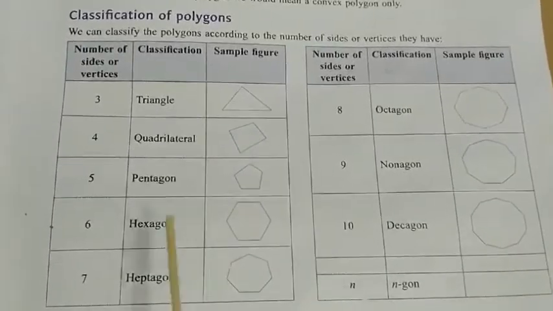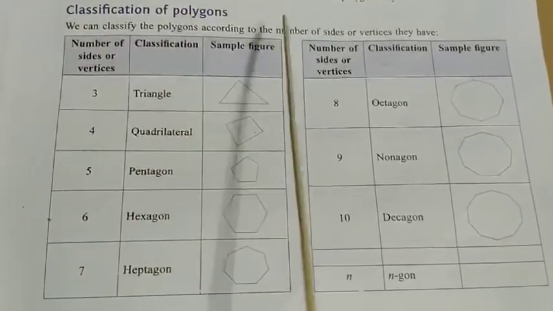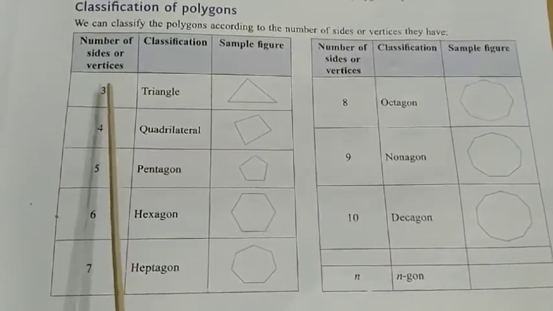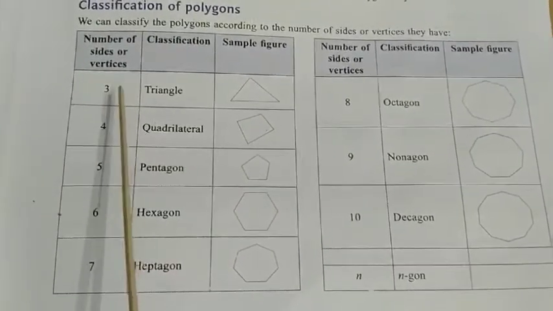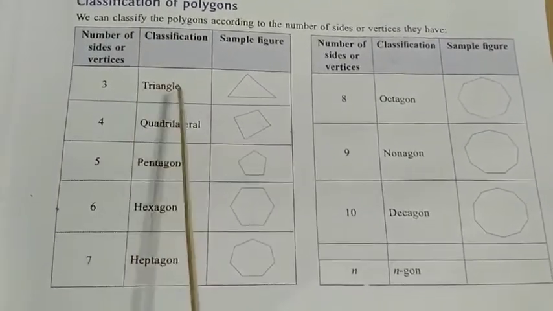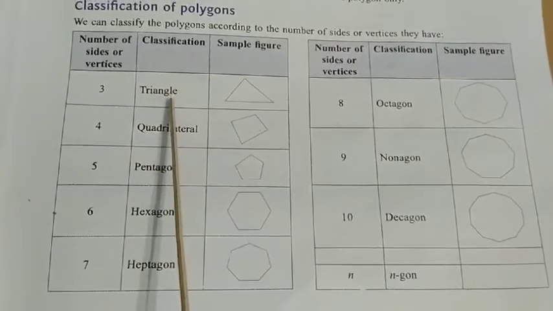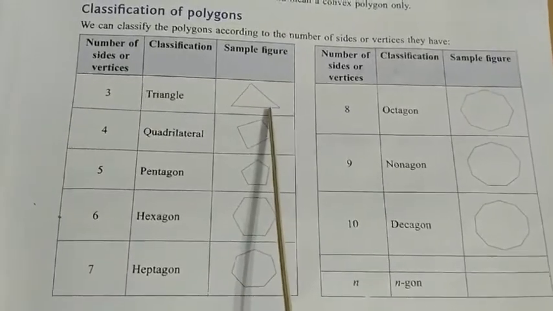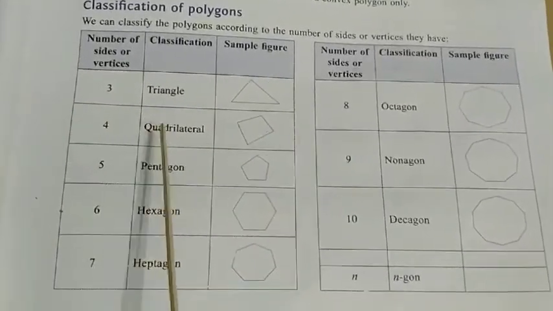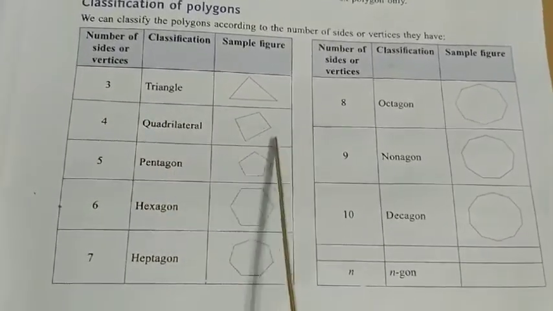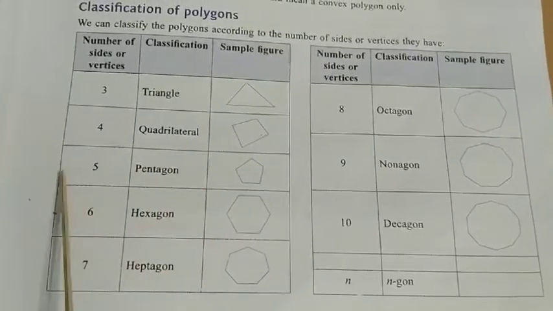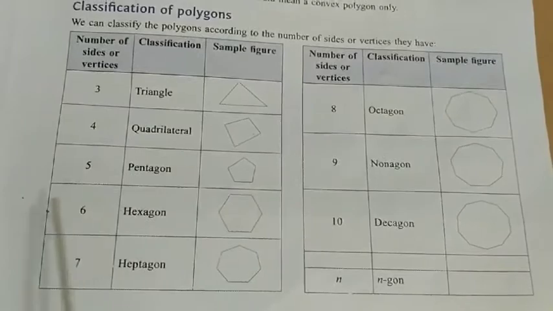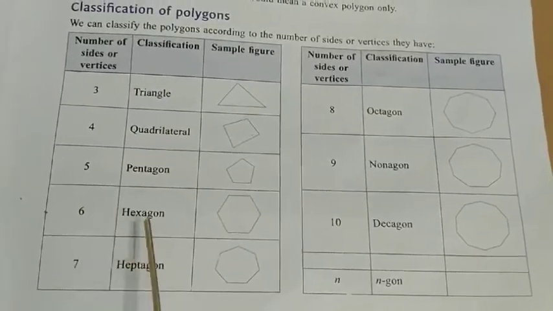Now this is a classification of polygons by number of sides or vertices. 3 sides, this is called a triangle. This is a figure of a triangle. Okay, 4 sides, quadrilateral. This is a figure of a quadrilateral. 5 sides, pentagon. This is a figure of a pentagon. 6 sides, hexagon.